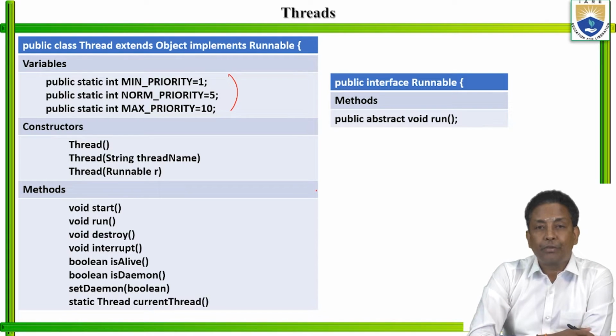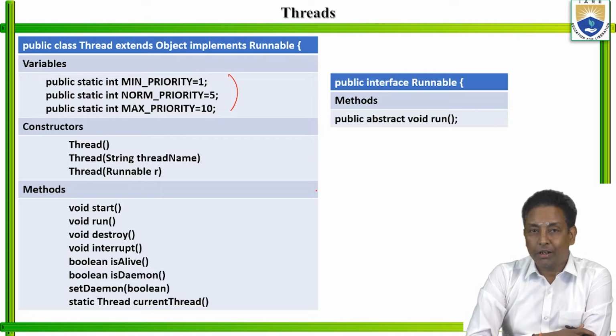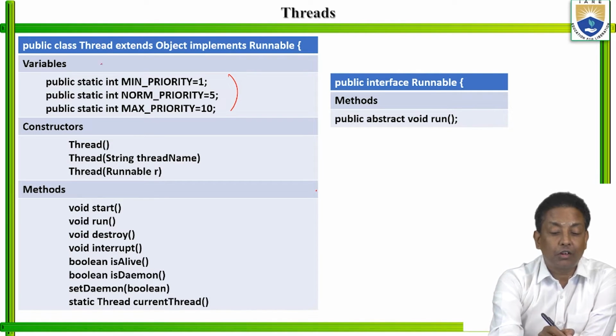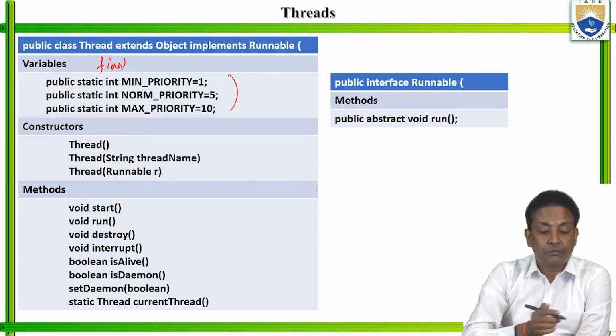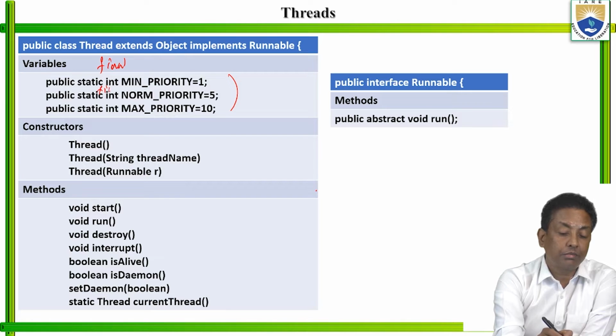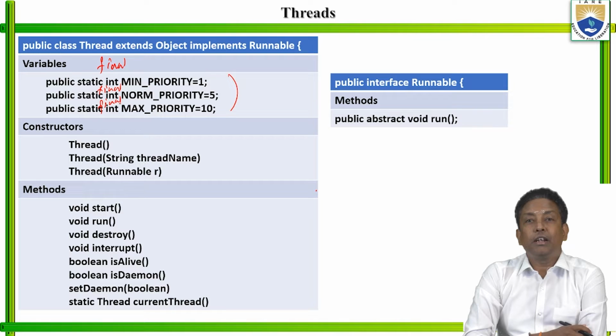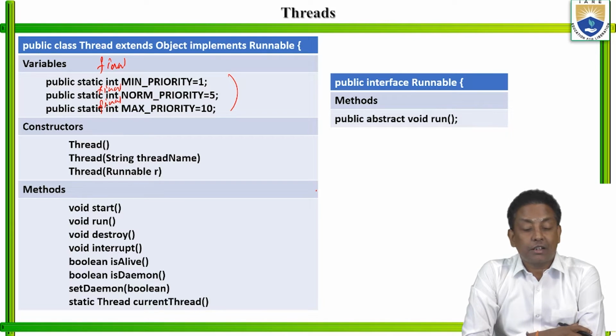As you already know, final variables are declared in capital letters, and most final variables are static too. I forgot to write final here. Public static final int: MIN_PRIORITY, NORM_PRIORITY, MAX_PRIORITY.